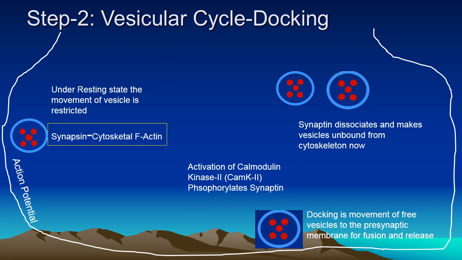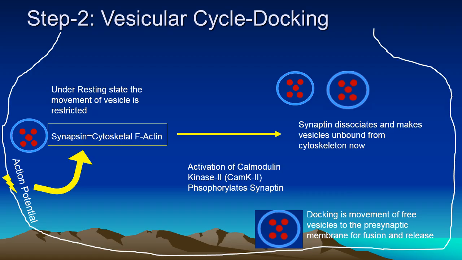Now, docking involves the activation of calmodulin kinase that will phosphorylate synapsin. Normally, synapsin is co-bound with cytoskeletal F-actin, and this must be dissociated to produce the desired docking movement, and upon arrival of the action potential, this removal is done.